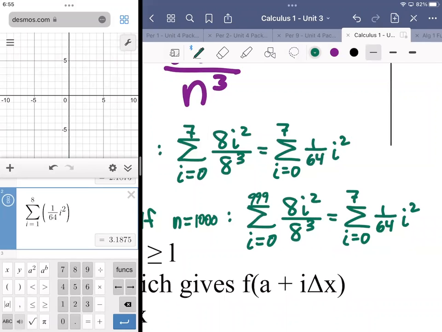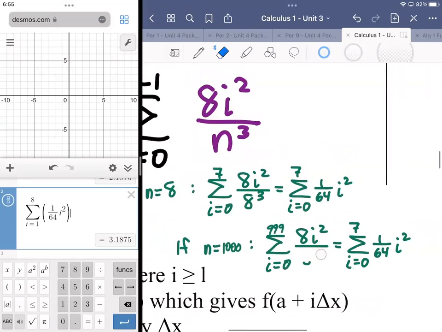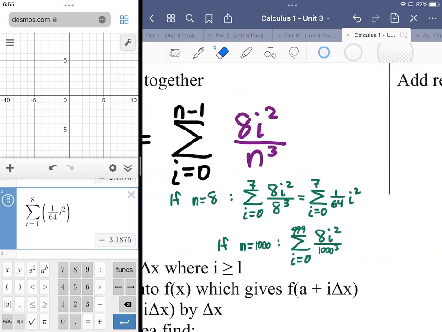And on the bottom, we'd still have the 8i squared on the top, but then I'd have 1,000 cubed. That would not be equivalent to that other expression. So if n were equal to 1,000, that's what the summation would pan out to be.